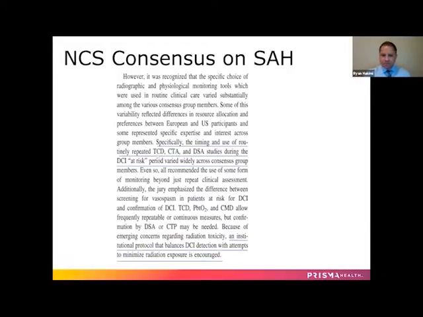You can see that at some centers TCD is heavily accepted, and at others it's somewhat skeptical. An institutional protocol that balances DCI with attempts to minimize radiation exposure is encouraged. I think we would all agree with that statement, that nobody wants to image the patient to the point that we're causing radiation-induced harm.